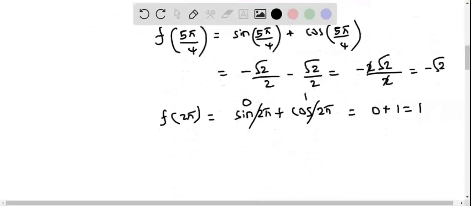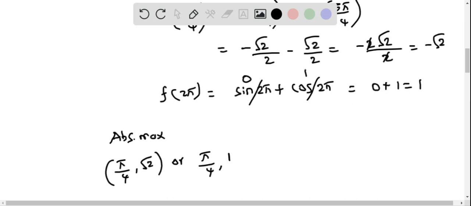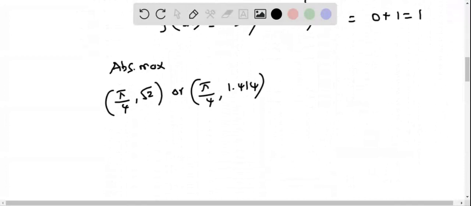So we can say that the absolute maxima of this function occurs at pi by 4 comma root 2, or we can write this in decimal as pi by 4 comma positive 1.414. And similarly, if you look at the table, negative 1.414 is the lowest of all these four values. So this is the absolute minima of the function, and this occurs at x equals 5 pi by 4.